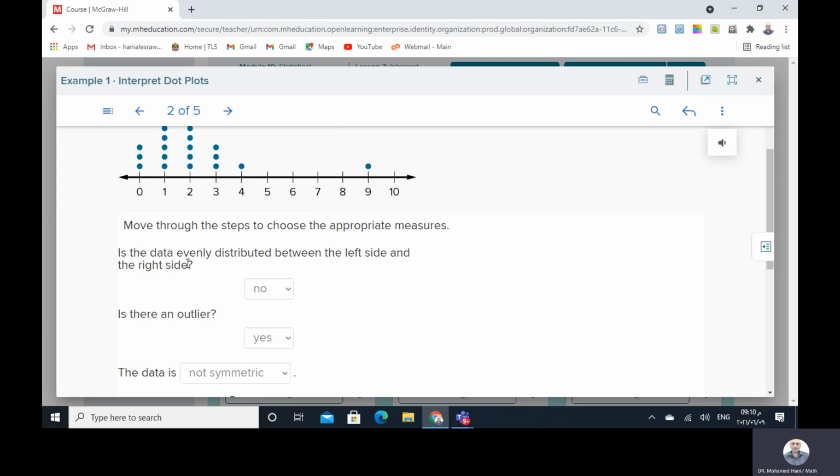Is the data evenly distributed between the left side and the right side? No. Is there an outlier? Yes, we have here the outlier 9. The data is not symmetric because the right side is different from the left side.